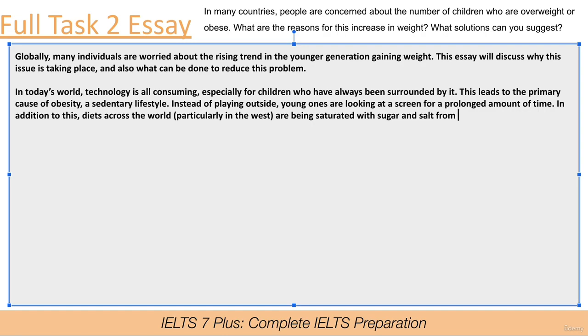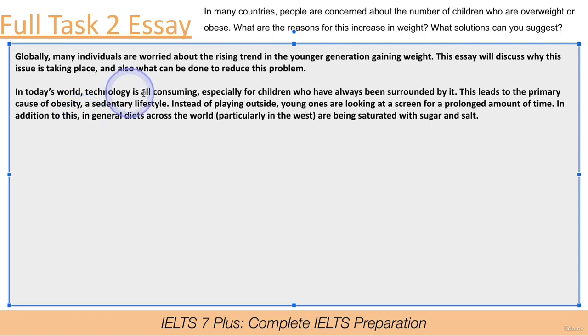In addition to this, diets across the world, we want to say that this is just a natural thing, this has happened slowly over time. We're not touching upon what we're going to say later about the fast, the convenience and unhealthy food, but just in general.